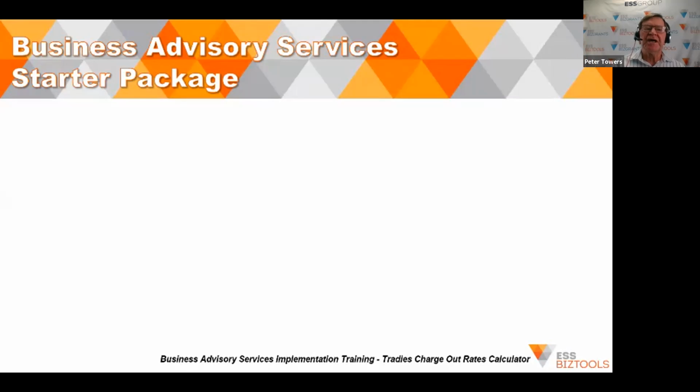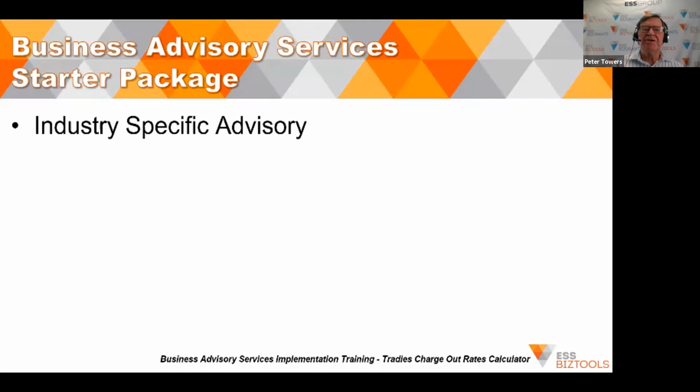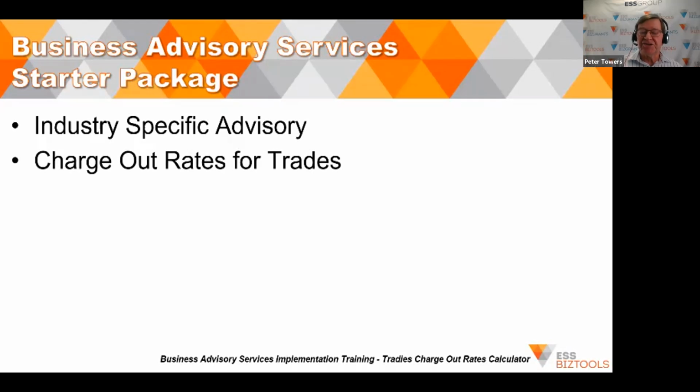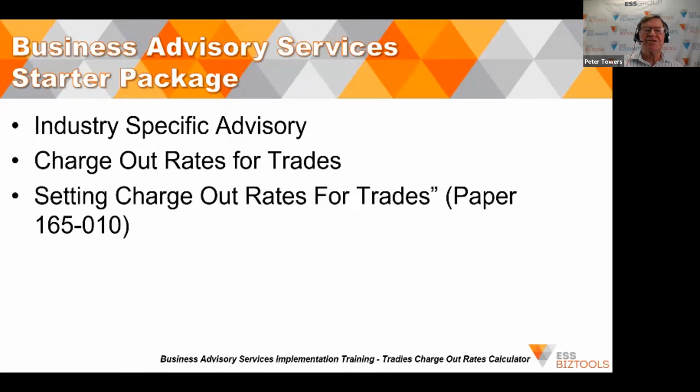But today we're looking at the Starter Package, and a key component in it is the charge out rate calculator for tradies. You will find it within the industry specific advisory area, and then we have charge out rates for trades, and I'm going to show you those individual documents shortly.